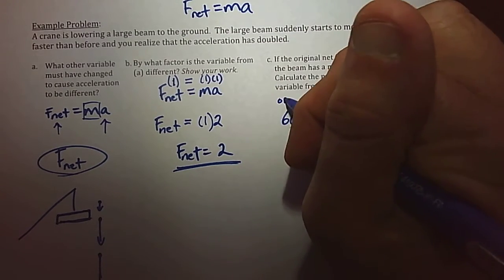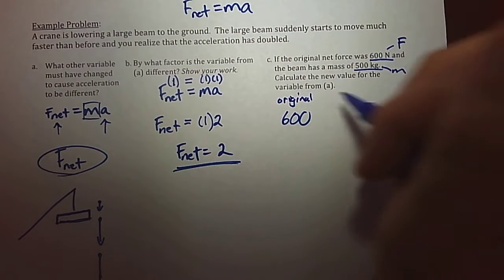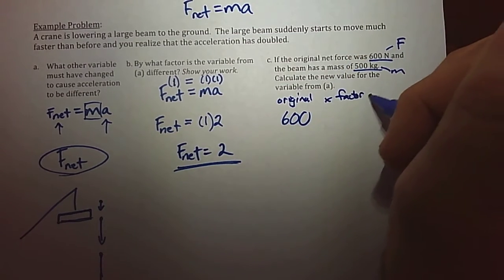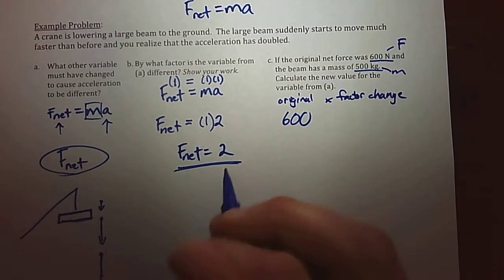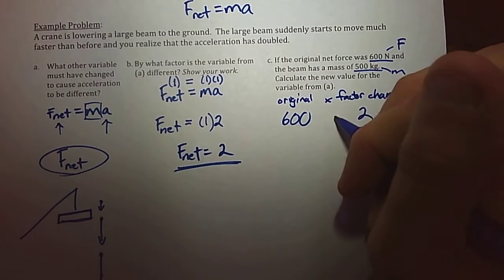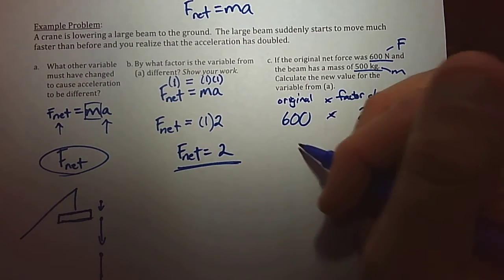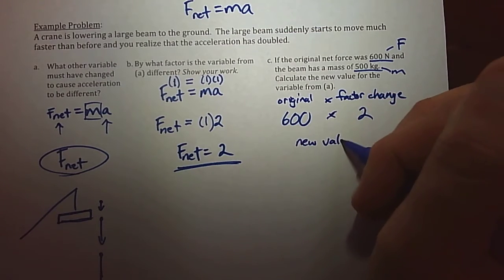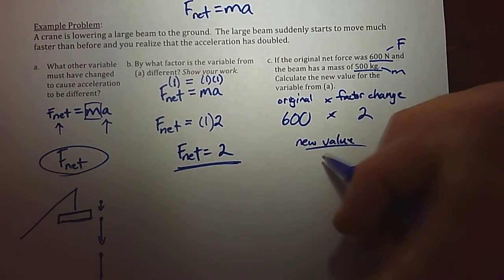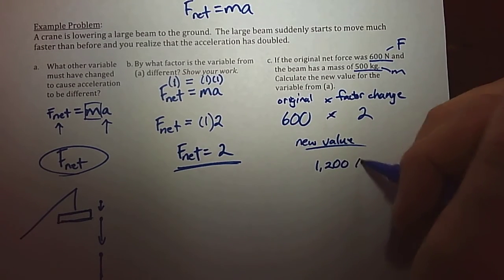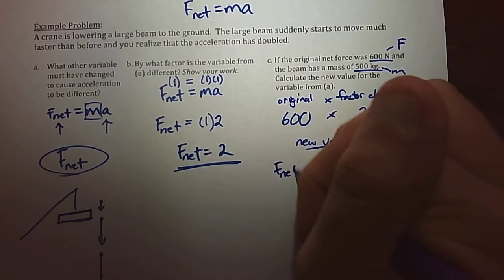This is my original value, and I'm going to multiply that by the factor of change. The factor of change is just this one right here, 2. 2 times as much. So 600 times 2 is going to give me my new actual value of 1,200 newtons. It's my new net force.